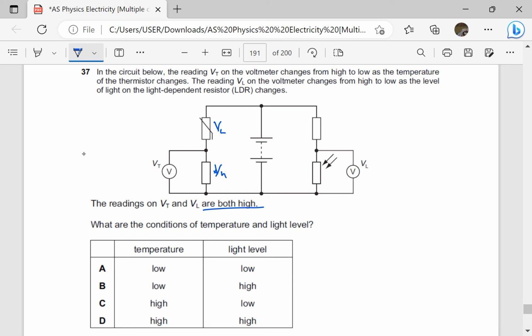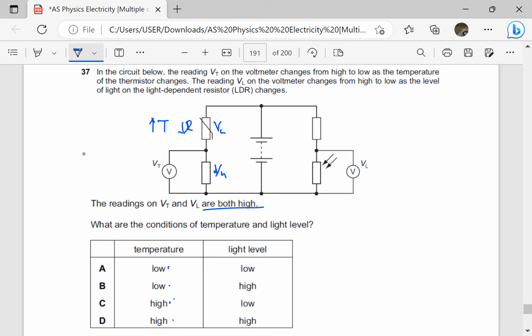If V here is low, then it is because the resistance here is low. And if the resistance is low, it is because the temperature is high for a thermistor. So temperature should be high for a thermistor so that the resistance is low, so that the PD across the thermistor is low.